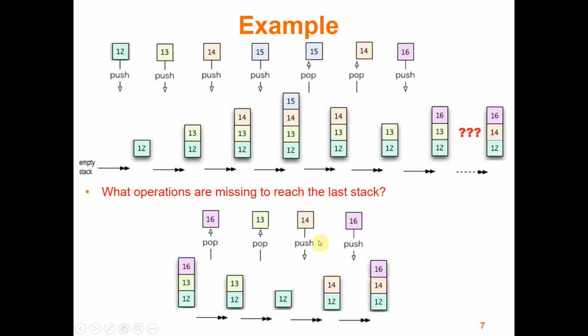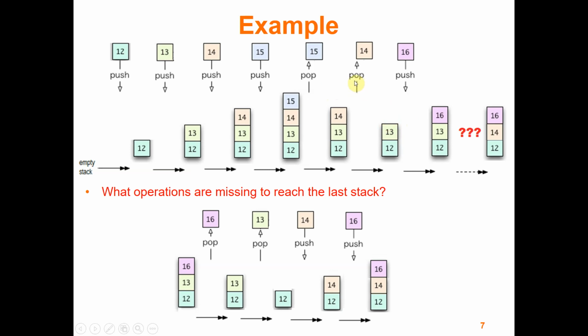One main difference between push and pop is that push is a void function, which means it doesn't return anything. It just does a certain operation, which is inserting the data into the stack, the pile of numbers that we have. However, pop removes the item from the stack and returns its value.